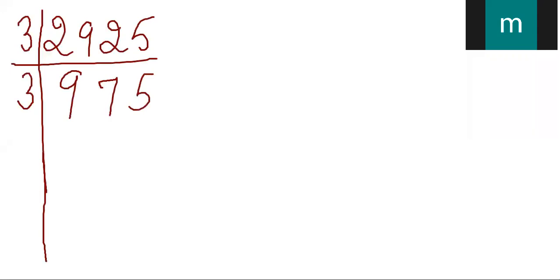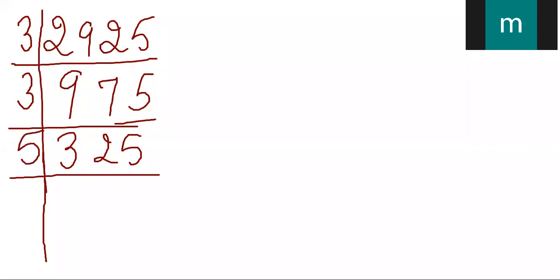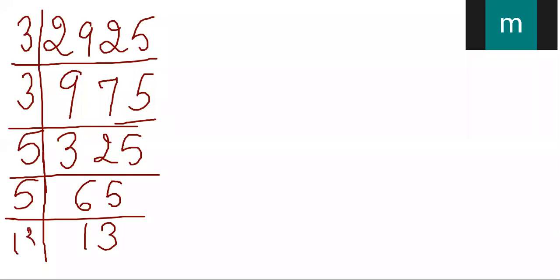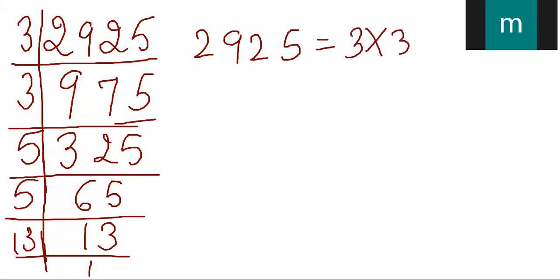Again it will go on 3. Now 5 and 7 is 12, 3 is 10. No, it will not go on 3, so it will go on 5. 65. Again 5, 13. The last one left is 13 here. So we can write down 2925 as 3 into 3 into 5 into 5 into 13.